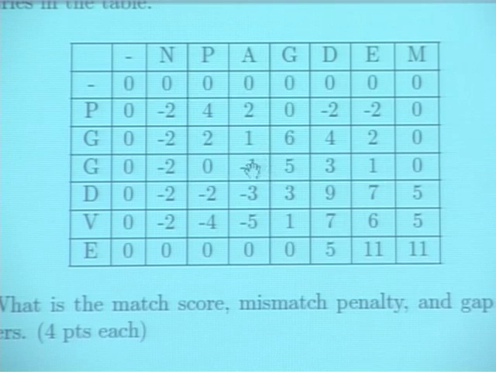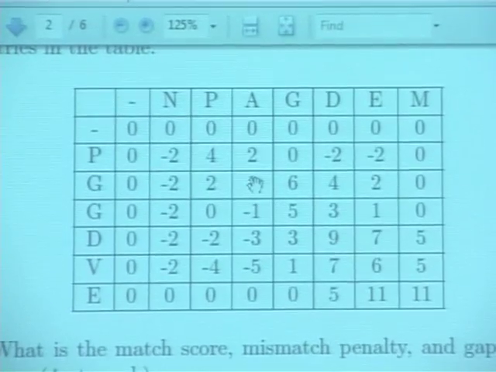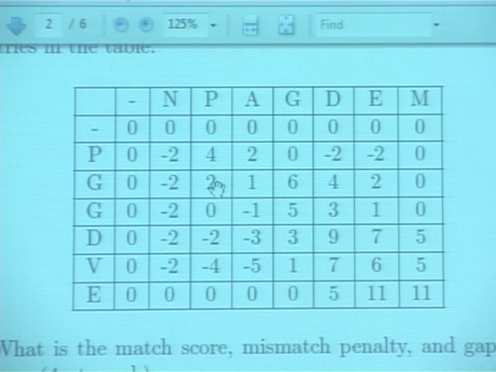The gaps cannot produce this score of 5. So you go back to 1 again. That was a G and a G match. And right now I'm at this 1. Again, this 1 could not have been produced by these top and left cells because I know my gap penalty is -2. It's not -1. So it's going to be a mismatch of G and an A.